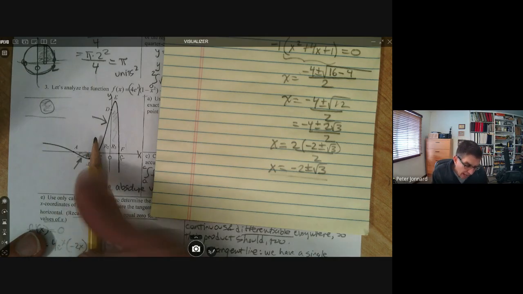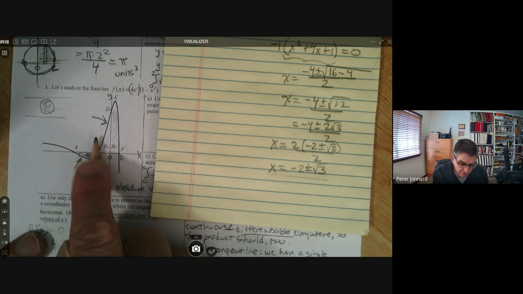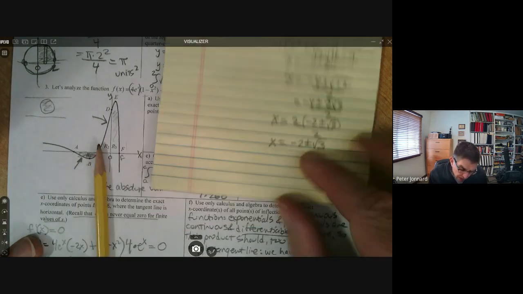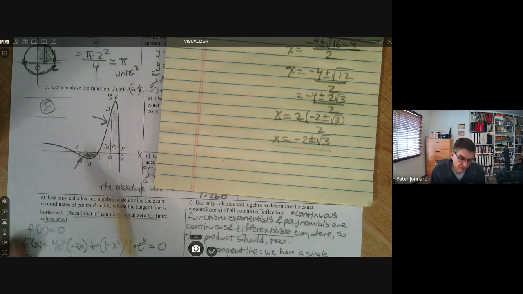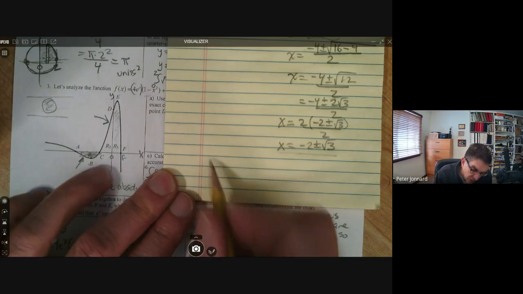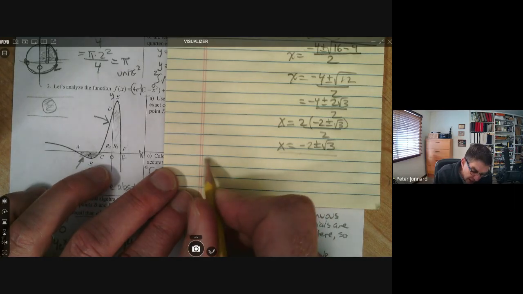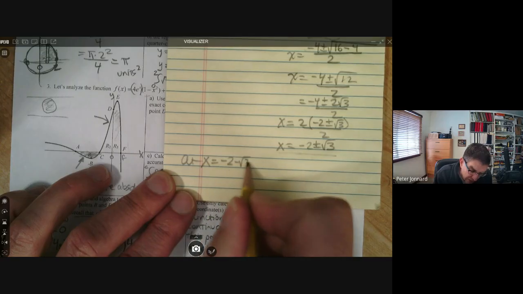And if I go back square root of 3 to the left, I'll have that point of inflection. And if I go to the right, I'll have that point of inflection, okay? It says use only calculus and algebra to determine the exact x coordinates of all points of inflection. So I have one. So the first x coordinate is at x equals -2 minus the square root of 3.